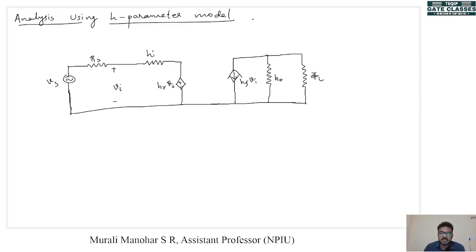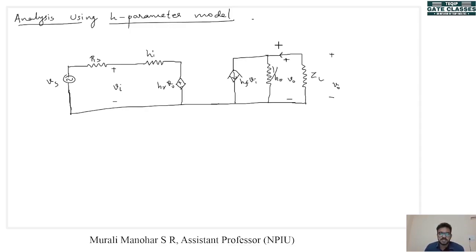Since this is parallel to ZL, we can represent it by 1 by Ho. So either this is 1 by Ho and this is ZL, or this is Ho and this is YL. That depends on your comfort. Here we have plus or minus Vout. We know that by two-port network, current enters the ports in both the input and output.